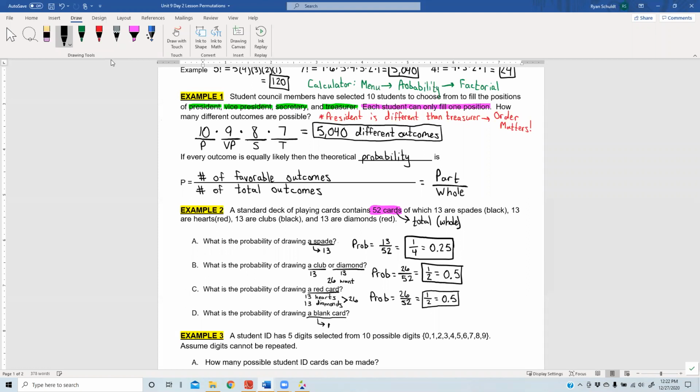There's no blank cards. So if it can't happen, that probability is equal to 0. Ain't gonna happen. If it did, I'd go get my money back.